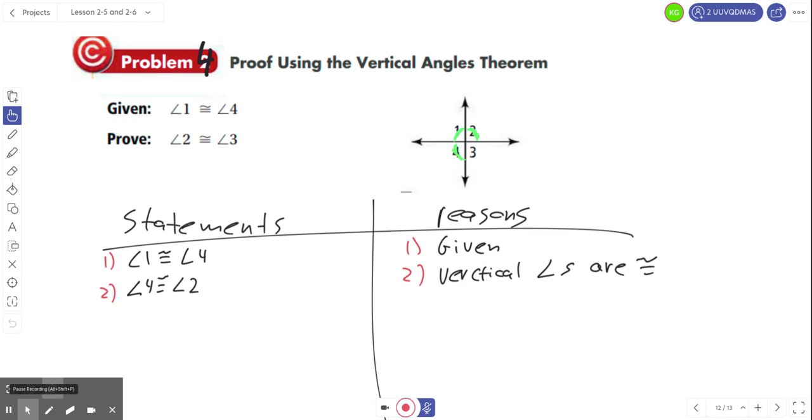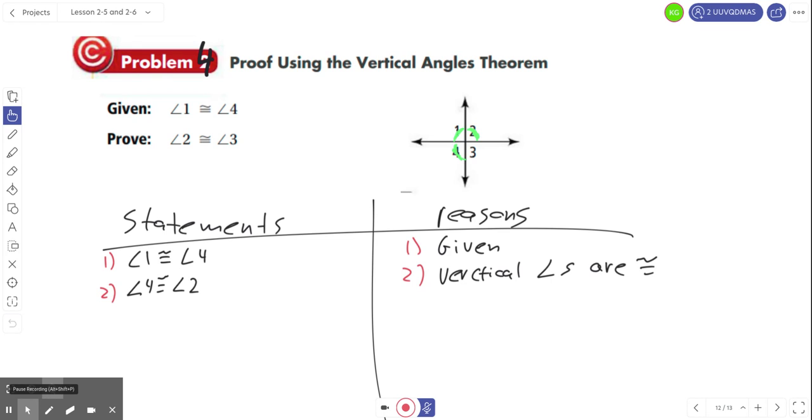I could do the same thing, prove that they're both congruent to angle 4, but I'm going to do it this way. And so I'm going to have to use the transitive property of congruence here.